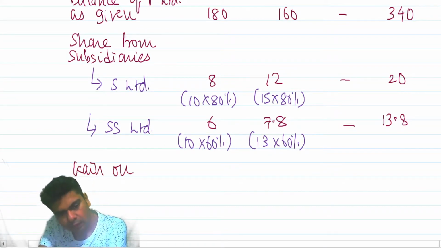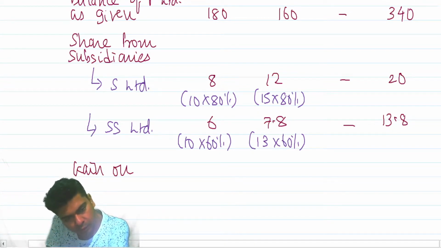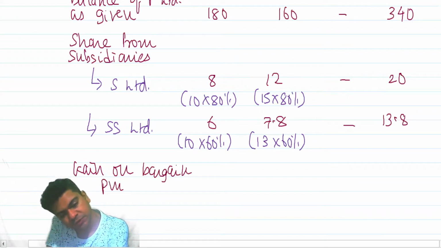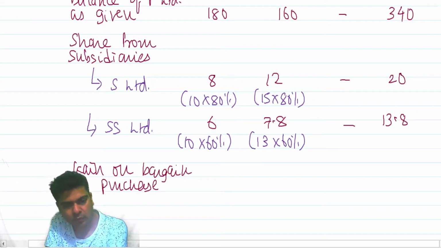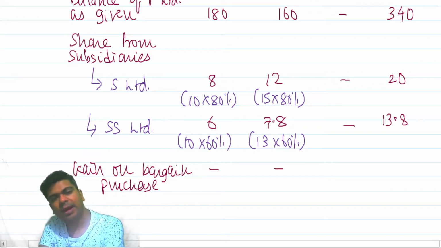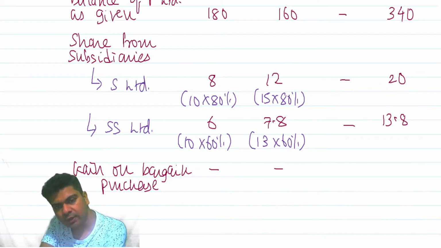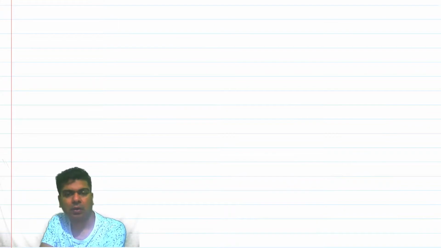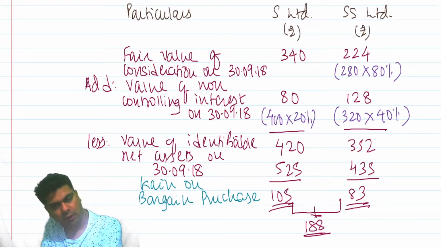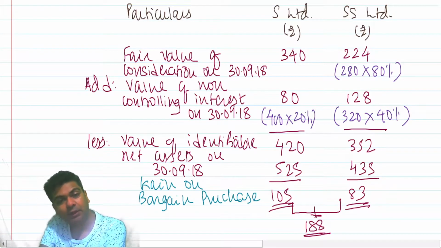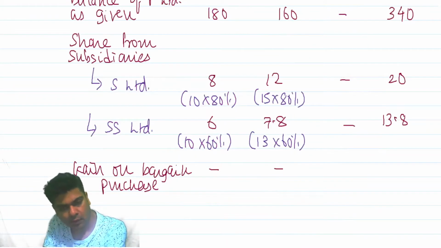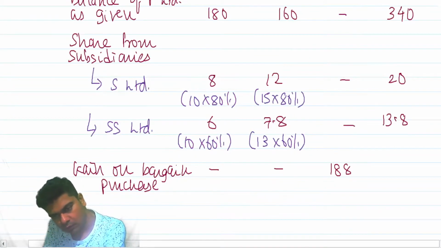Gain on bargain purchase. We have prepared one capital reserve column. We have to show it over there. Here it is, 188.